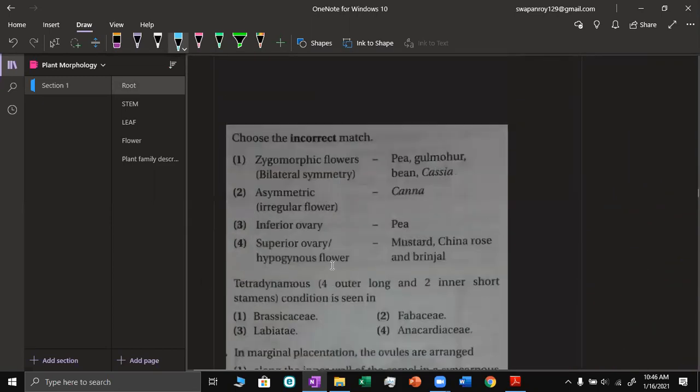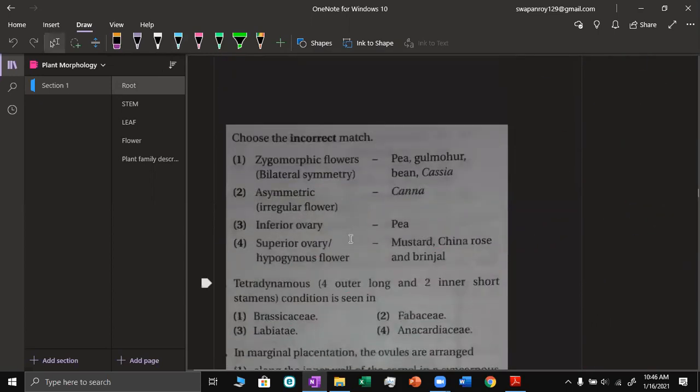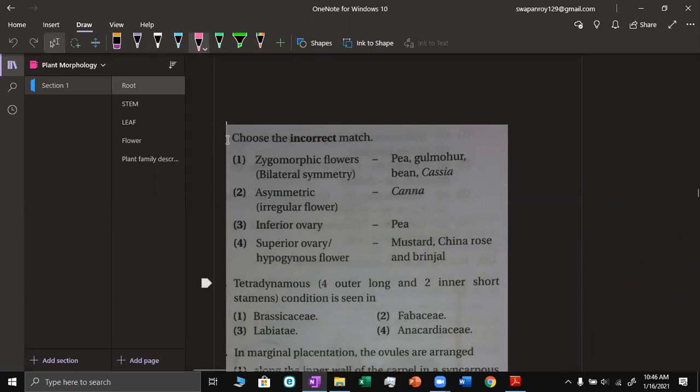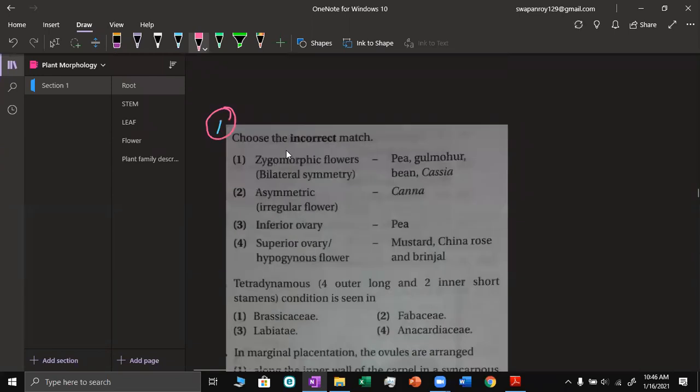Okay, in the previous class, we were doing some of the questions. Let's come to this question: choose the incorrect match from this.